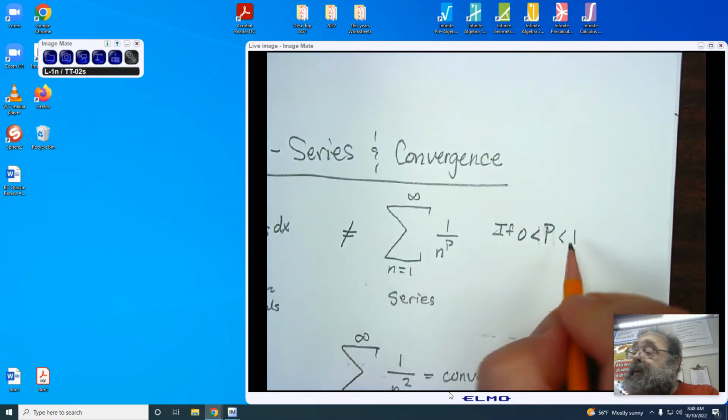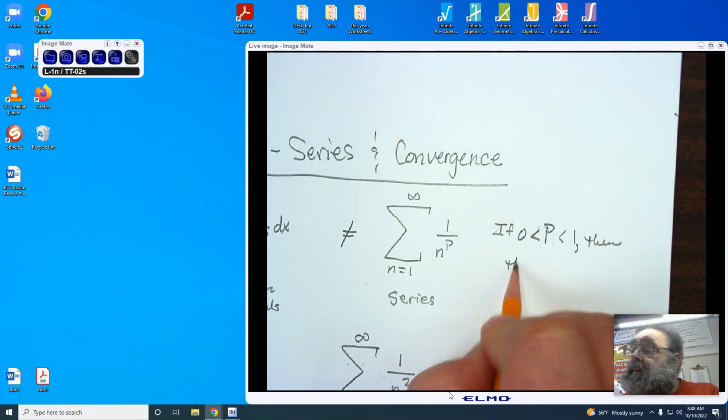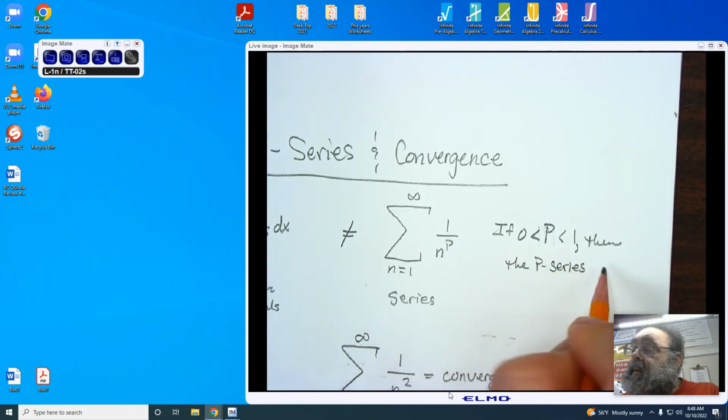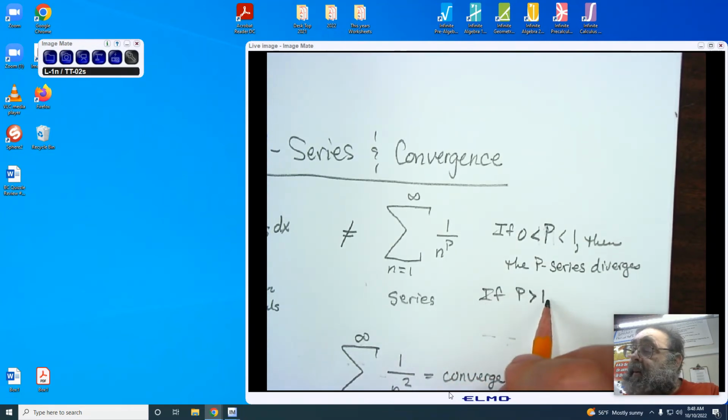If this occurs, then the p-series diverges. However, if the p is greater than 1, then the p-series converges.